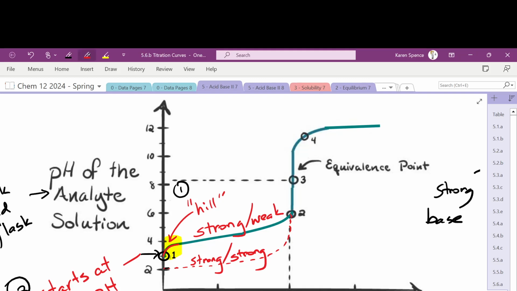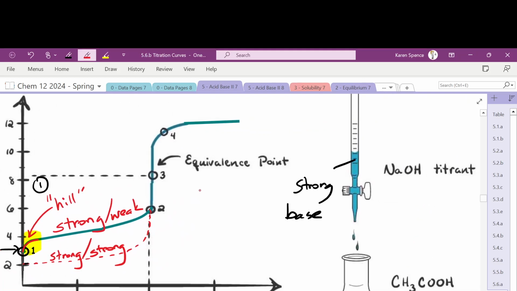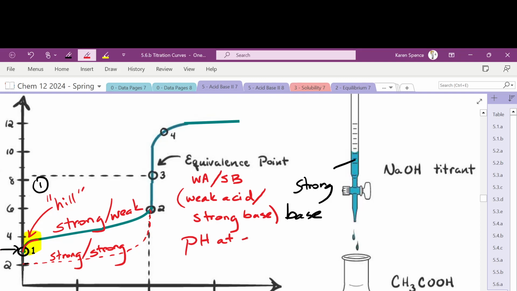The pH at the equivalence point for a weak acid, strong base titration is greater than 7.